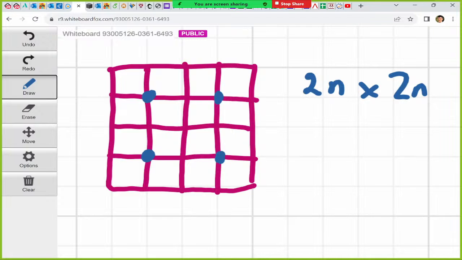In this one, it's 16 because you can do this, this, this, and that, and it generalizes like that. So if we have 2n by 2n, you get n squared of these dots, and you get 4 for each. That's what we wanted, right?